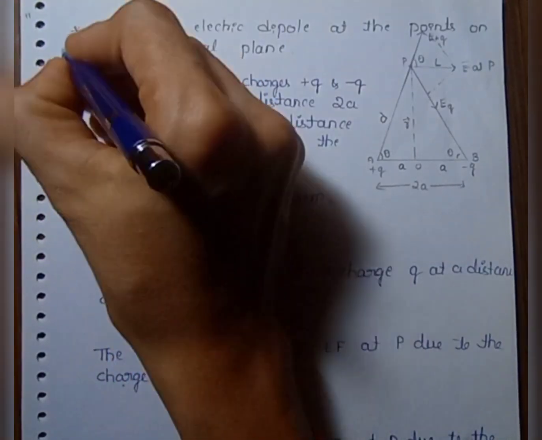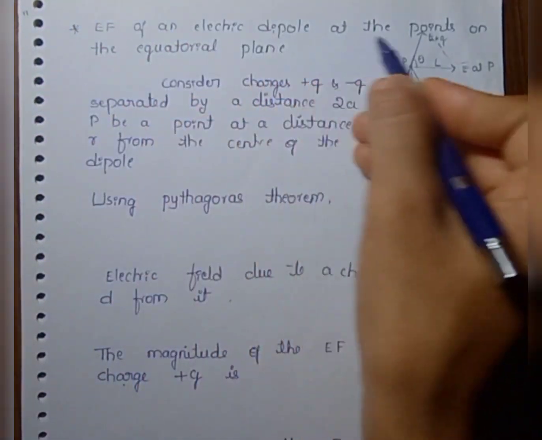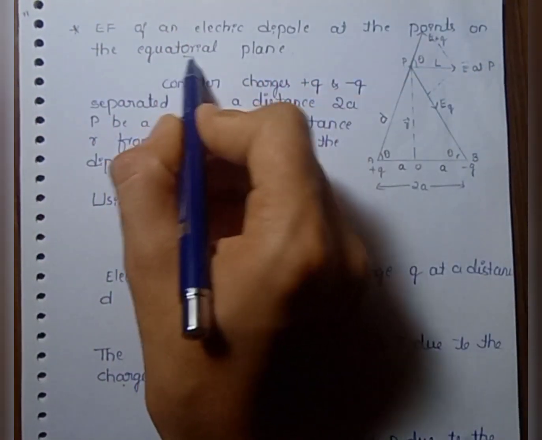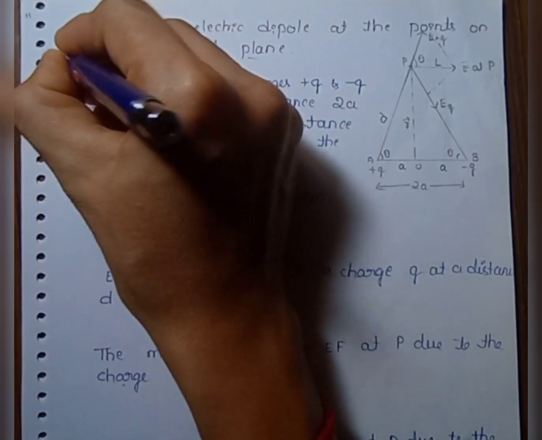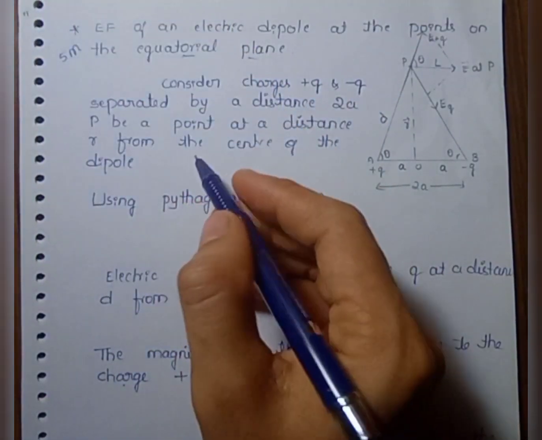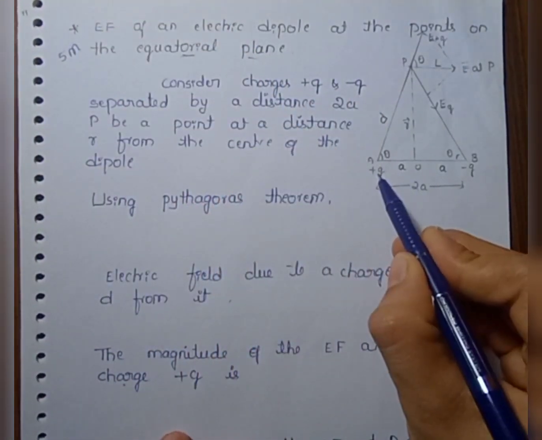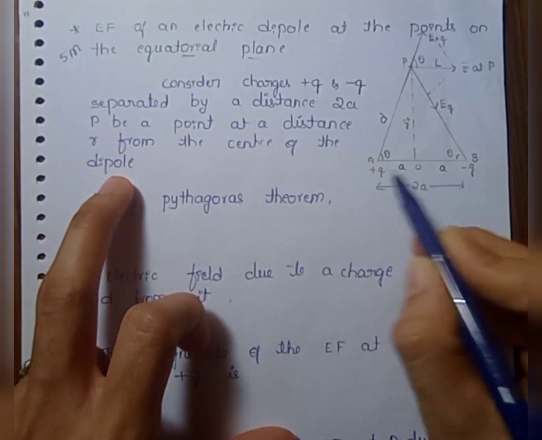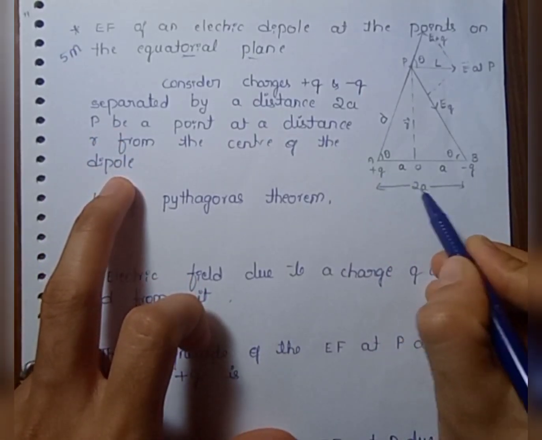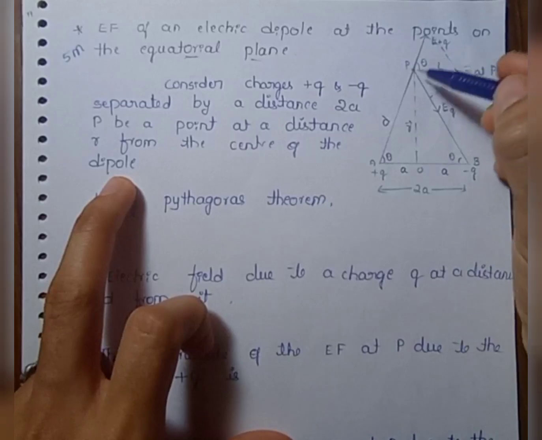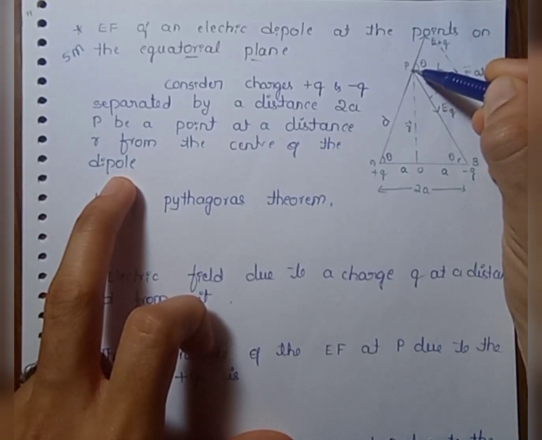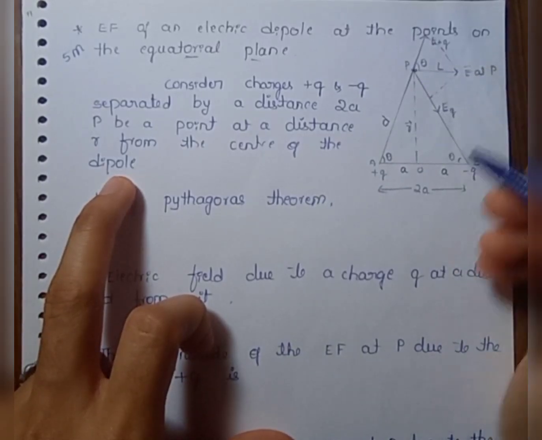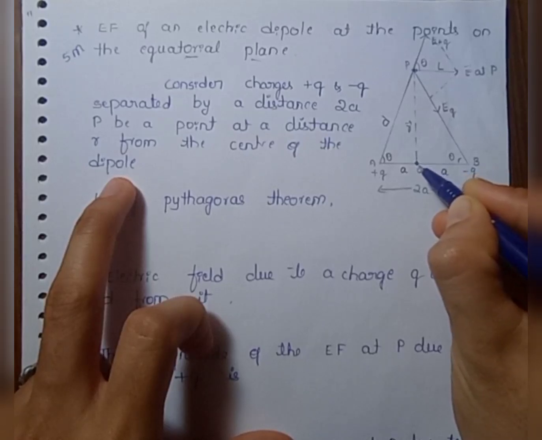Next derivation is the electric field of an electric dipole at a point on the equatorial plane. This one is also very important for 5 marks. Let us consider two charges plus Q and minus Q, separated by a distance of 2A, and P be a point at a distance of R from the center of the dipole.